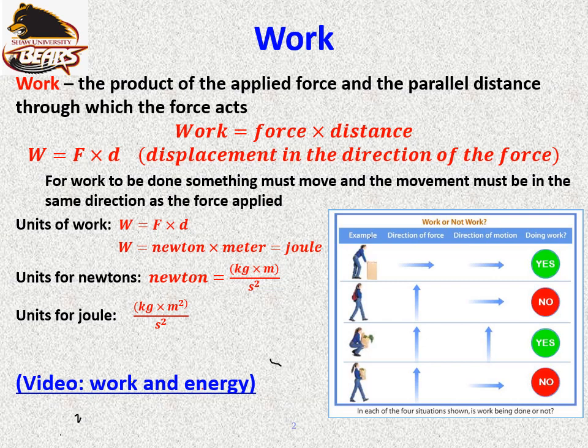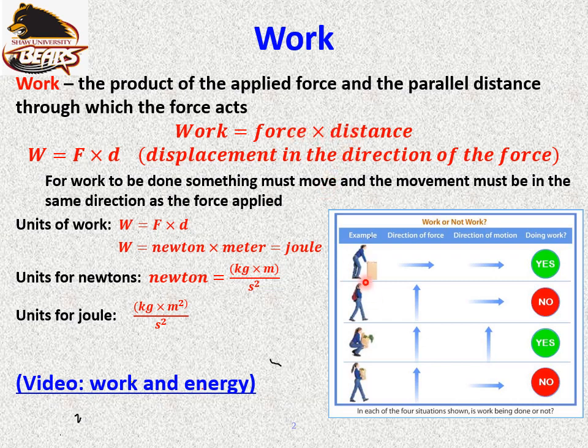Work. You use this word in your daily life very often, and that is definitely related to work in the science sense. In physics or science, work is the product of applied force and the parallel distance through which the force acts, which means force times distance.